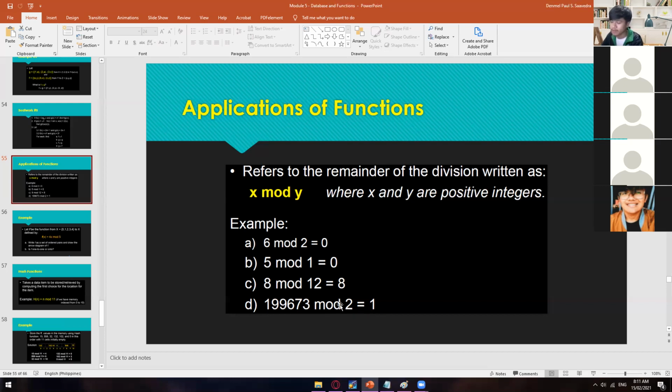Another condition here is as long as the numerator is greater than the denominator. But to avoid confusion, you can just always use your calculator and get the remainder. So were you guys able to understand the applications of functions, mod?